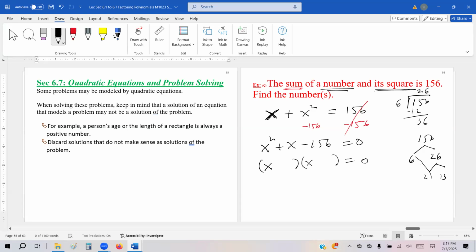Now, how about I put these two together? What do you have? 12. Now, if you compare 12 and 13, do you get 1 from there? That means the two numbers you're looking for, that multiply to 156 and combine to 1, are 12 and 13.